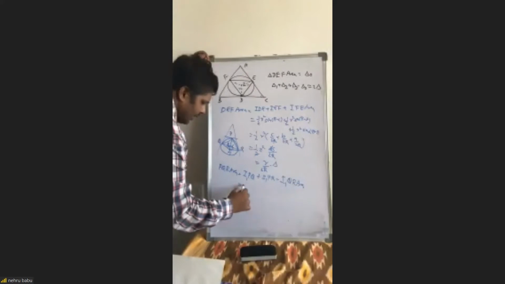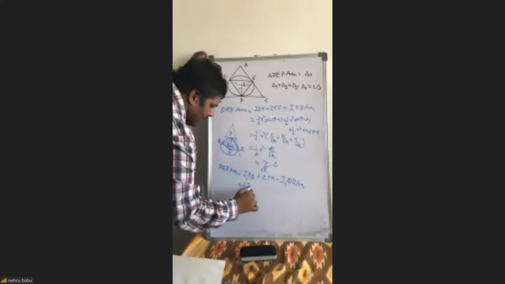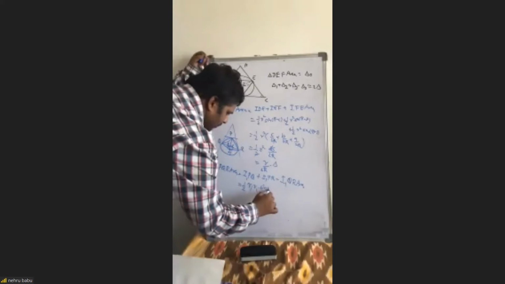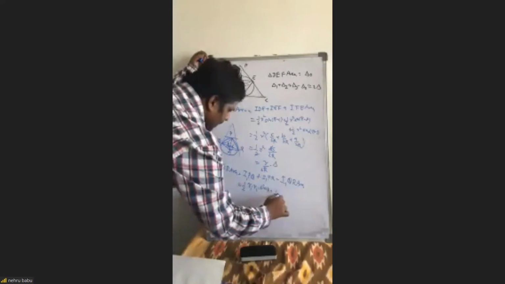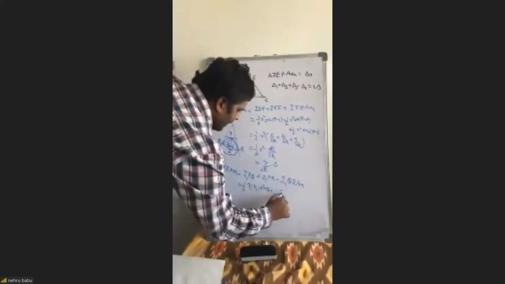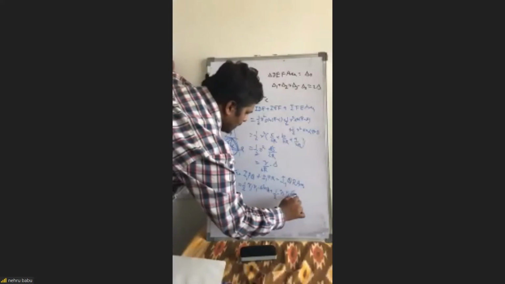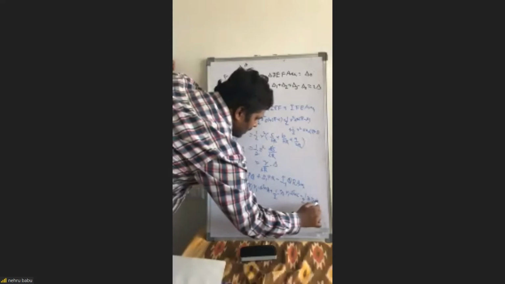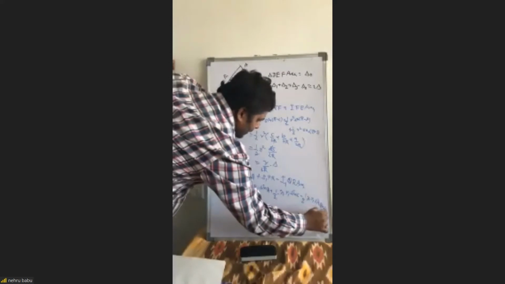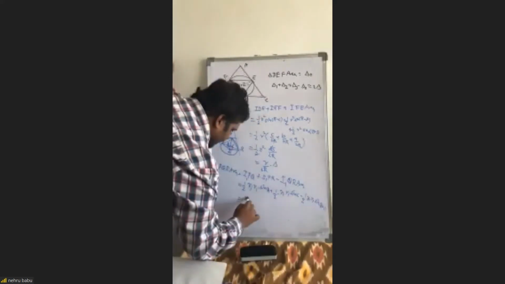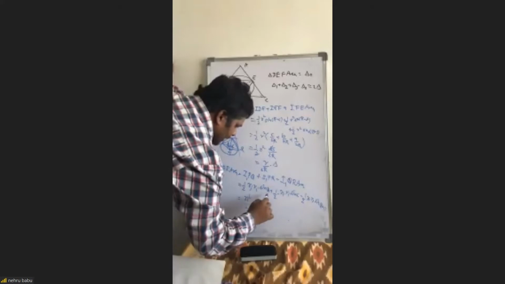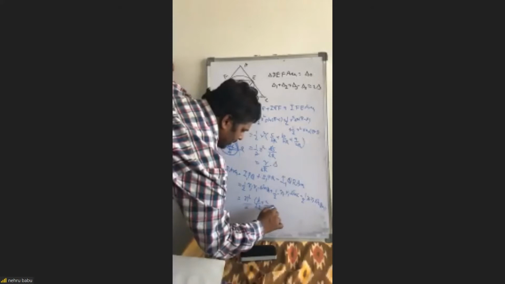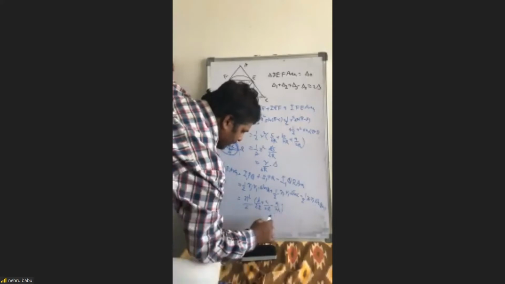I1PQ area is what? Half R1 into sin B will come, plus half R1 into sin C, minus half R1 into sin B plus C, which is the same as sin A only. So if you take R1 square by 2 common, then that is sin B by 2R plus sin C by 2R minus sin A by 2R.